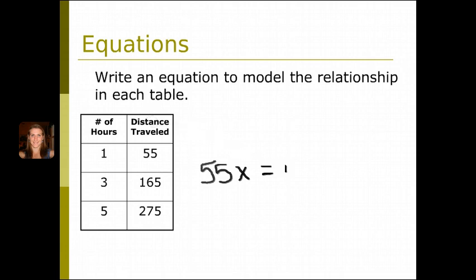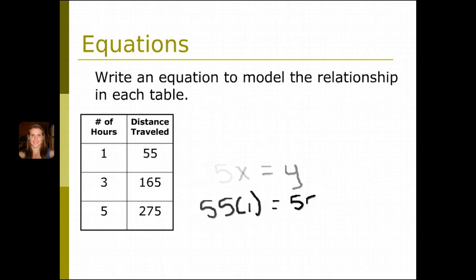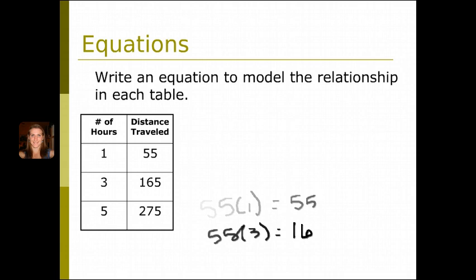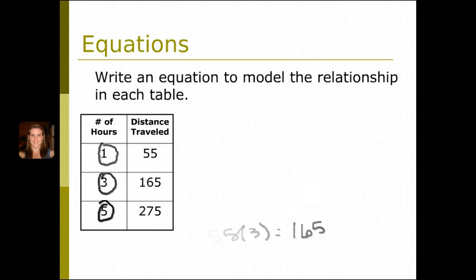Now, again, just plug this in and it makes sense. 55 times 1 equals 55. 55 times 3 equals 165, and so on. As long as it's true for any value of x and any value of y, you know that you have your equation correct.